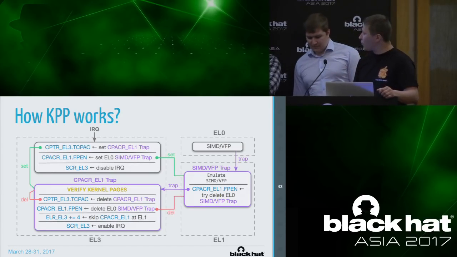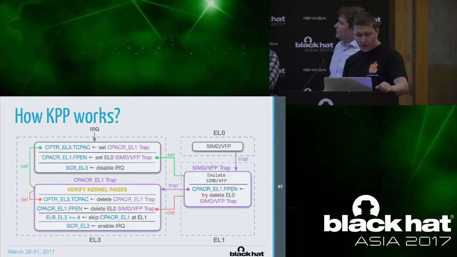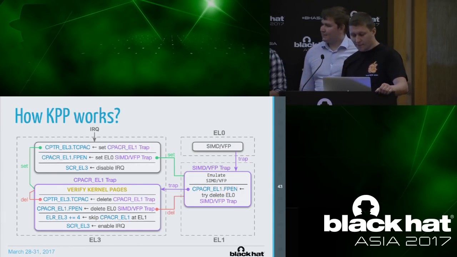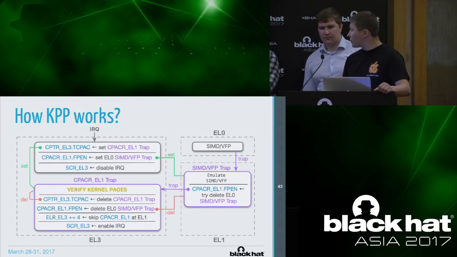It all starts with an interrupt. The interrupt handler sets the CPACR access trap on EL1, and then it sets the SIMD floating-point register instruction trap for EL0. Then it disables interrupts to prevent going to this handler again. Then on exception level 0, when a SIMD or floating-point instruction is executed, the trap is triggered, where the kernel emulates the floating-point or SIMD instruction, and then it tries to remove the SIMD trap by changing the CPACR register.